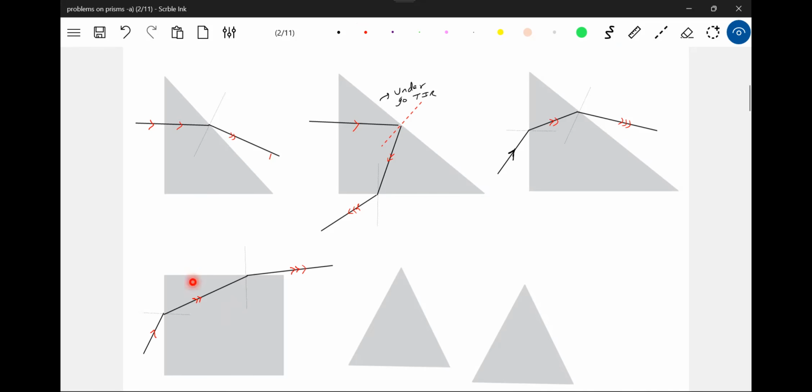Let it be. This part you can treat like a prism. This will be the angle of prism. Work it out, take help of all mathematics. Next again, if there is more than one prism, let the ray be incident here and undergo refraction.